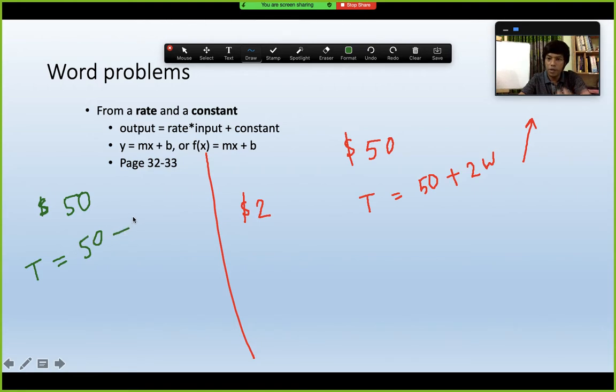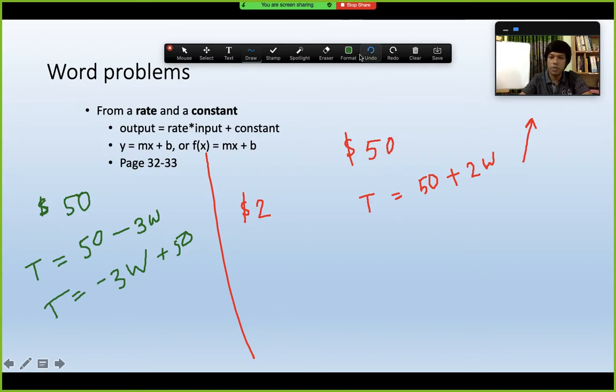And how many dollars every week? $3, as I said, per week. So like this. Now sometimes we write this math like this: minus 3W plus 50. Sometimes we write them like this, which is the same. They mean the same thing.